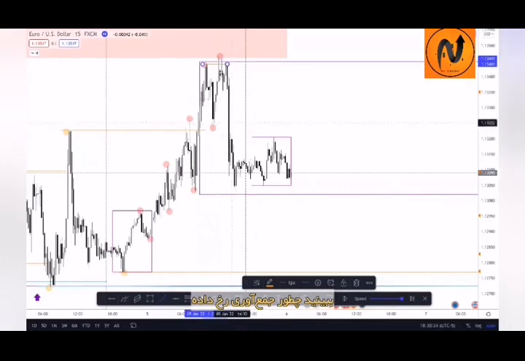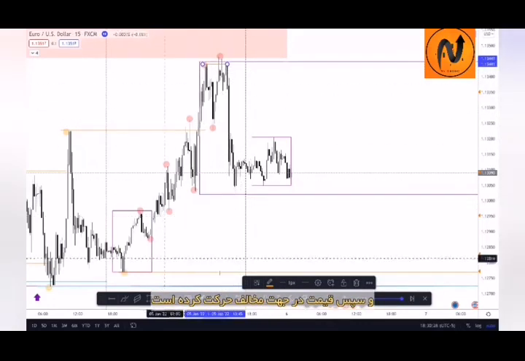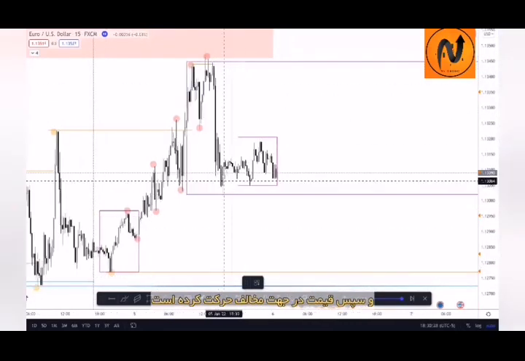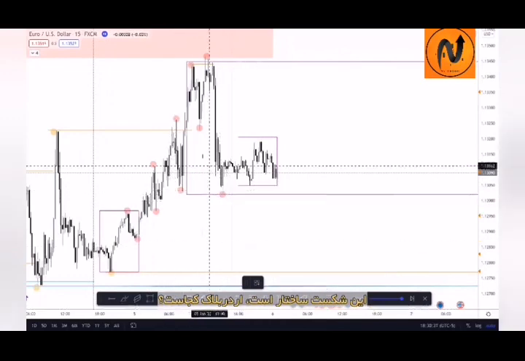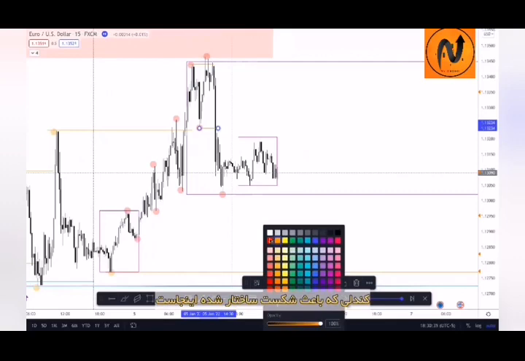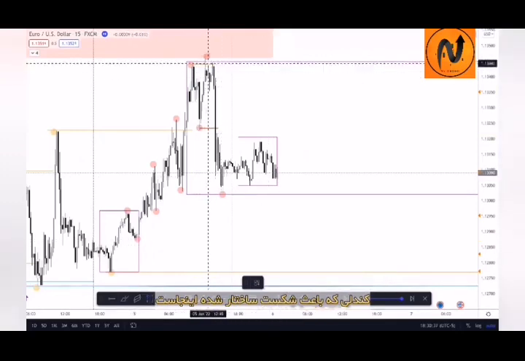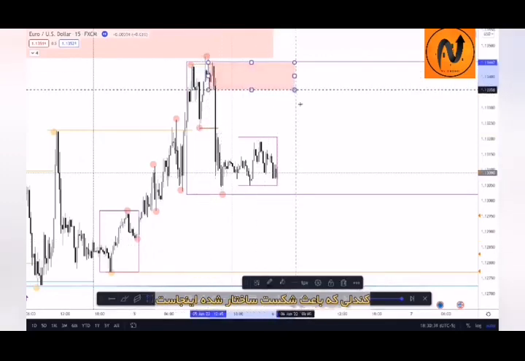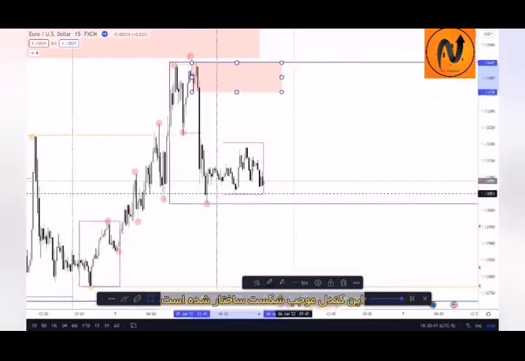See how we swept, right? Trend eventually came the other way. We now have what? This is a break of structure. What was the OB that caused that break of structure? That would be this one right here, right? That caused this break of structure.